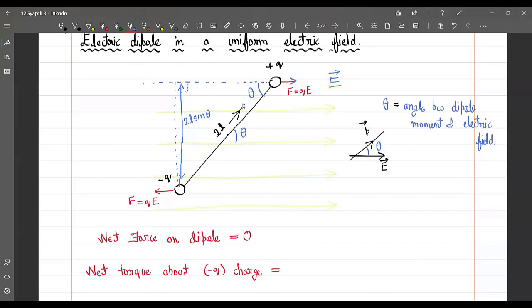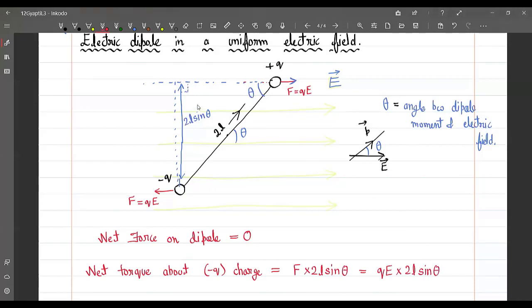We're taking the component of 2L on the perpendicular. Of course, this length will be 2L cos theta because the angle is attached to this. But on the opposite side, the length will be 2L sine theta. So I can write the net torque about it as force into this distance, 2L sine theta. The value of force is QE. So it will be QE into 2L into sine theta.